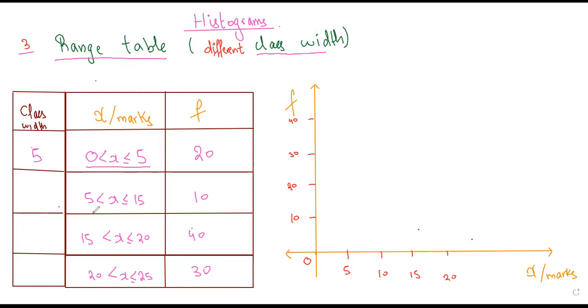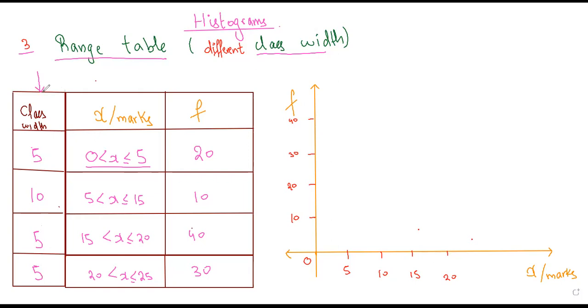Yes. Okay. What would be the class width for the second class? 10. Very good. For the third class? 5. Okay. And Turhan, what about the last one? 5. Very good. So what do you see? You see that the class width is same or different?